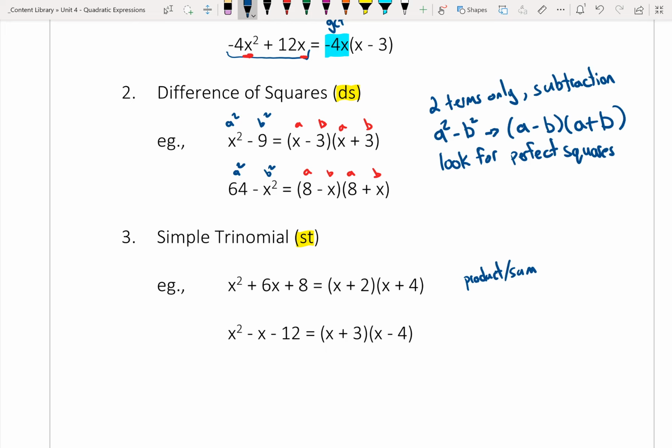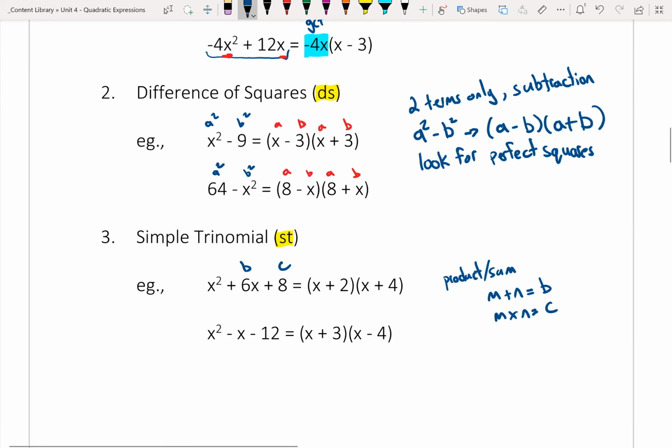So that was where two numbers, let's say, I think we said m plus n had to equal b, and m times n has to equal c. And remember, b is the middle number and c is the last number.